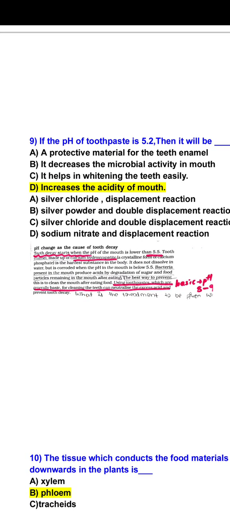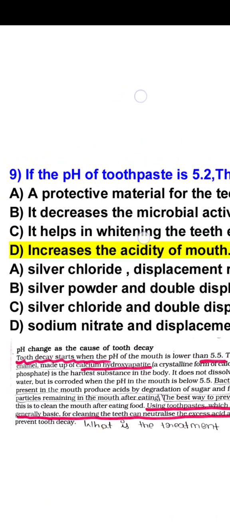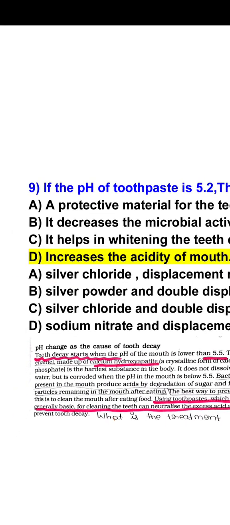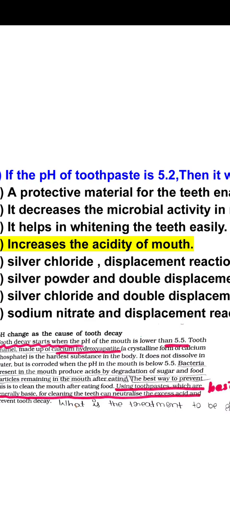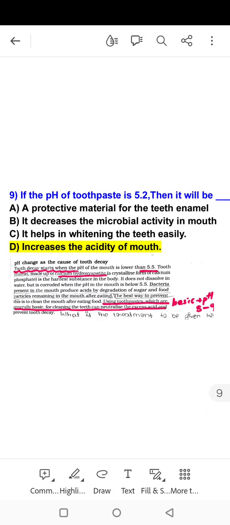A protective material for the tooth enamel. Will it be a protective material for the tooth enamel? No. If the pH is 5.2, then it will definitely be harmful for the teeth, as acidic toothpaste will dissolve the enamel itself.